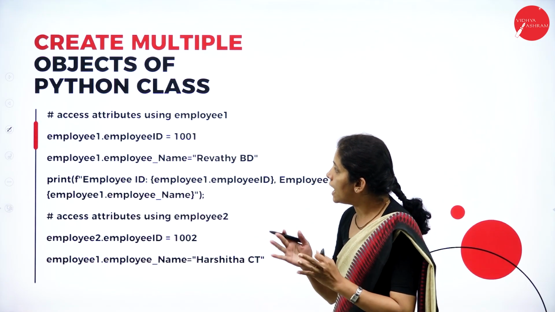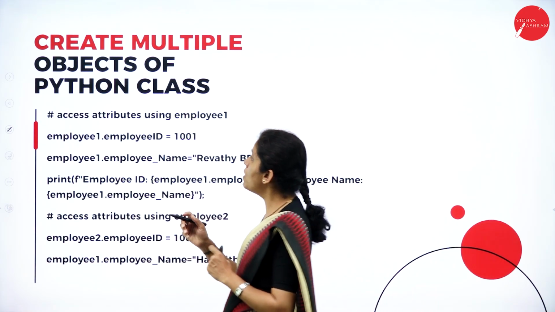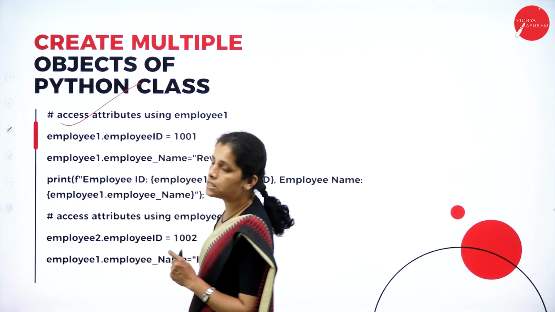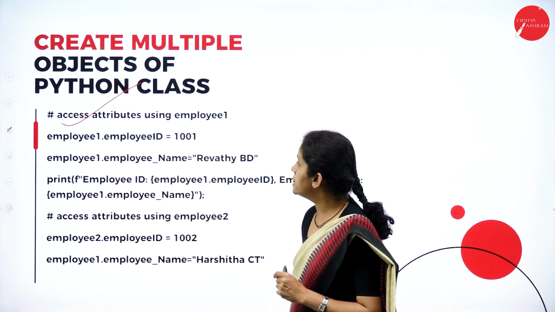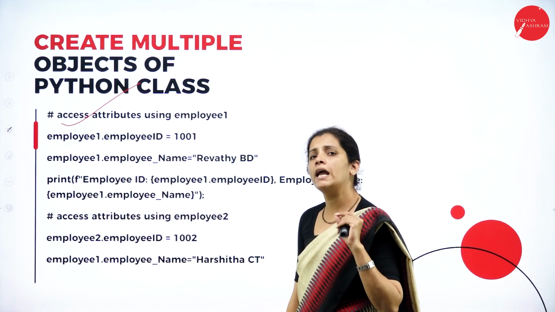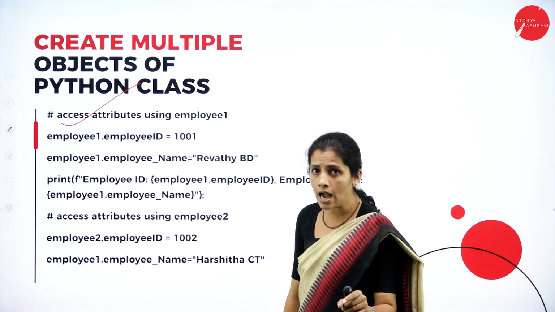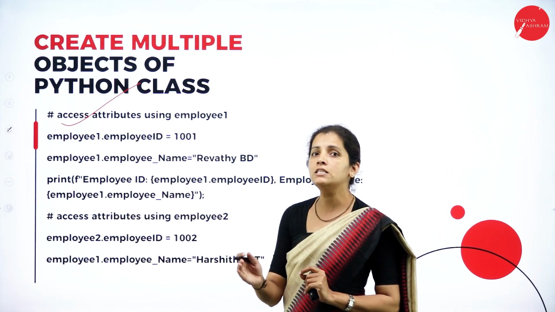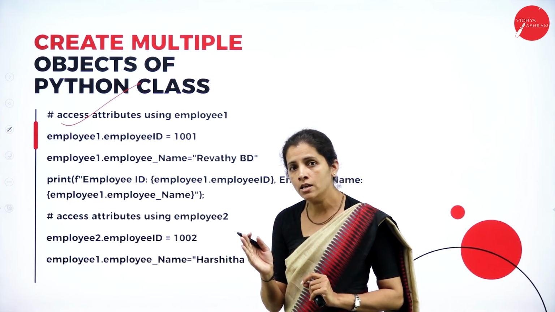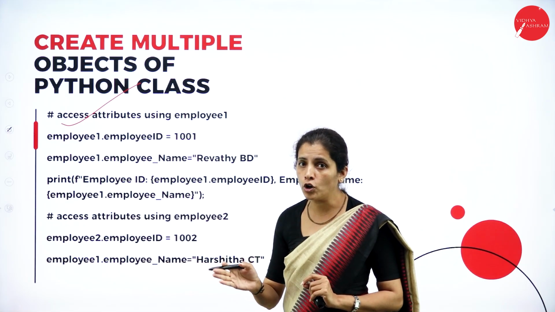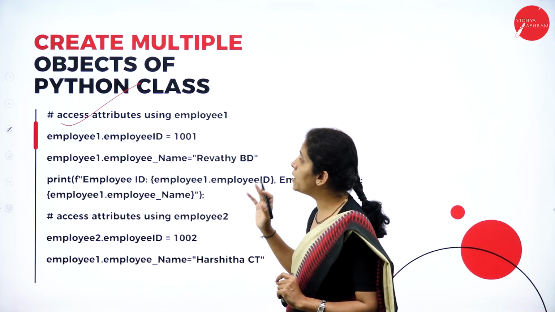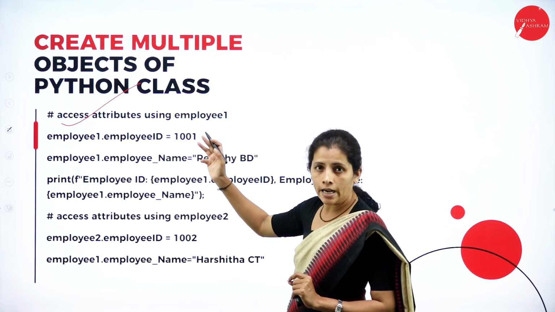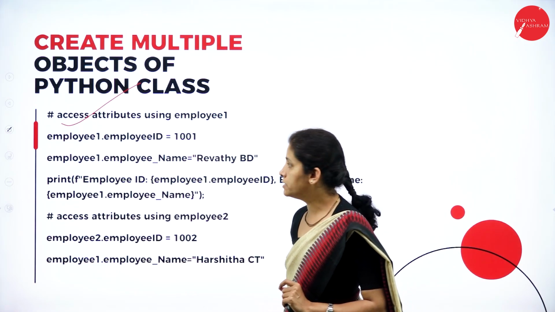Okay, fine. Now let me discuss how I can access attributes. See here, if I want to access any data member of the class, I need to create the object first. With the help of the dot operator, I can access the data members or attributes.